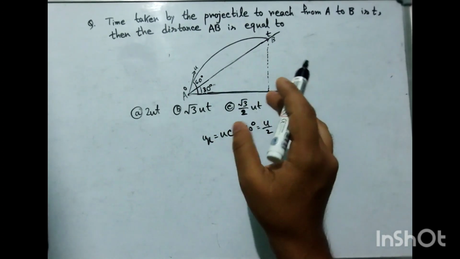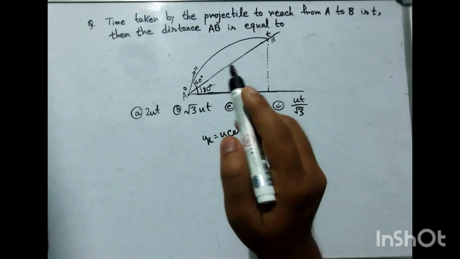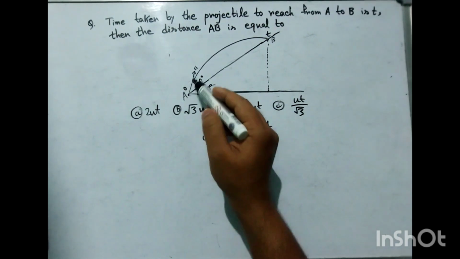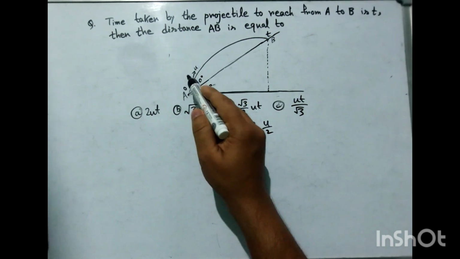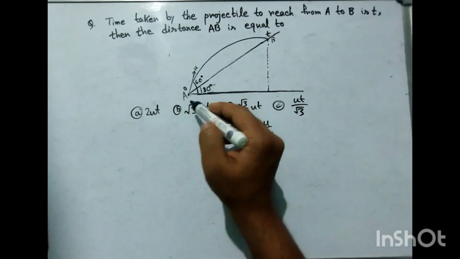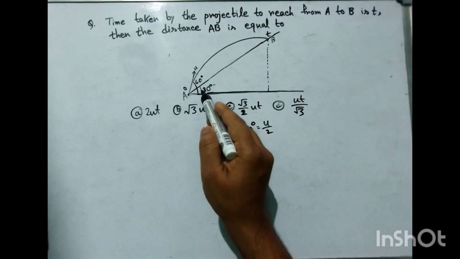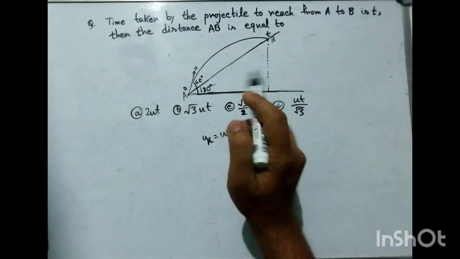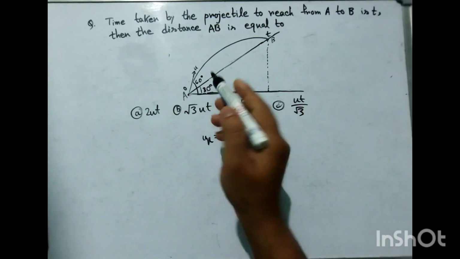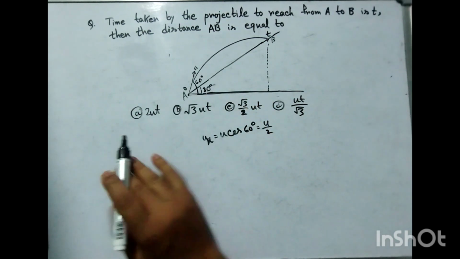That means two-dimensional projectile motion is a combination of two one-dimensional motions. We can break this u vector into its vertical and horizontal components, and then we can study the motion of the particle for those components explicitly.